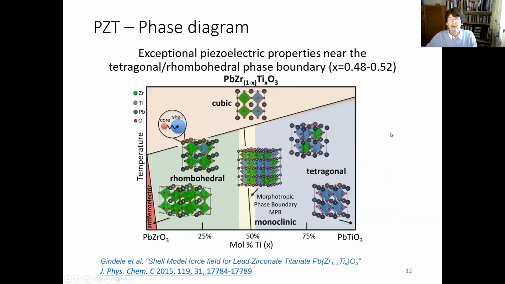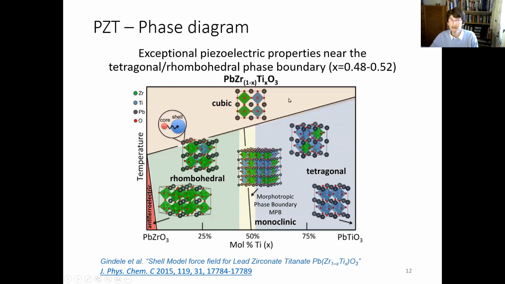So how do we actually model this? Basically, we want an interatomic potential that will reproduce this very complicated phase diagram. It's complicated because the crystal structure is different if it's titanium rich on this side of the phase diagram, or lead rich, or zirconium rich. When it's zirconium rich, you get a rhombohedral crystal structure, and when it's titanium rich, you get a tetragonal crystal structure.